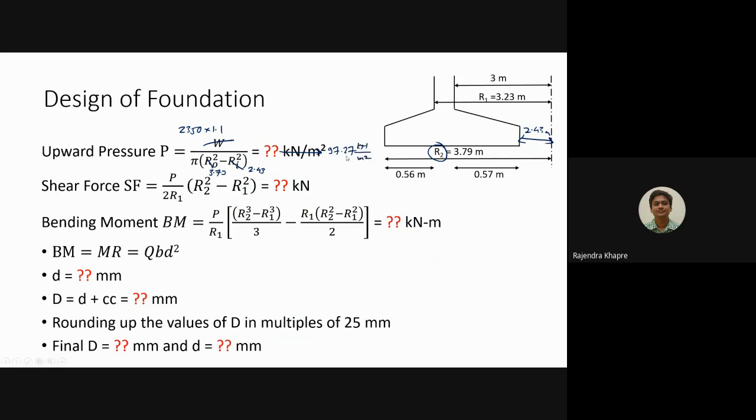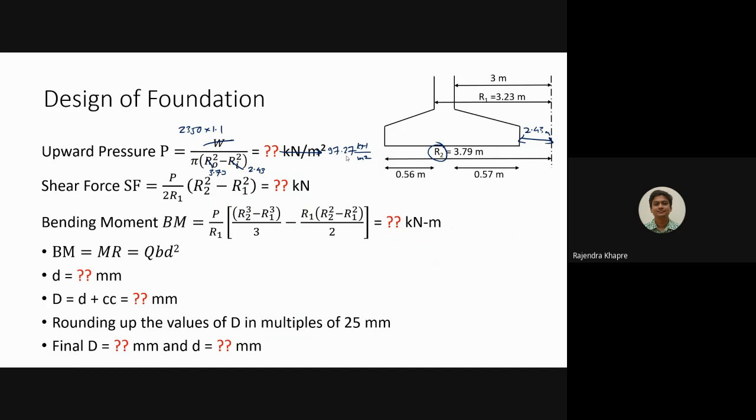If you remember, our SBC of soil was 100. We have provided slightly higher area, that is 0.7 square meter more, right? So that's why you are getting 97. It is less than SBC, so this is okay, right?